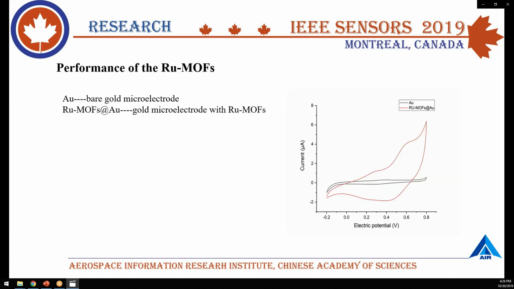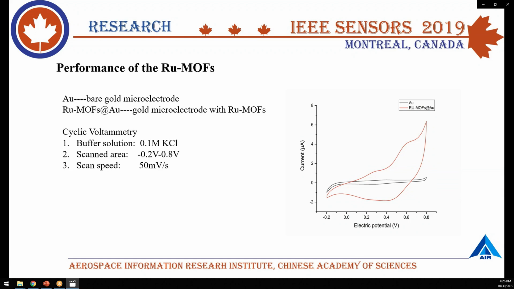So how about the electrochemical performance of Ru-MOFs? The electrochemical activity of MOFs was checked in 0.1 mol per liter potassium ferricyanide by cyclic voltammetry. As shown in the image, the black curve refers to the bare gold microelectrode, and the Ru-MOFs at Au refers to the gold microelectrode with Ru-MOFs.